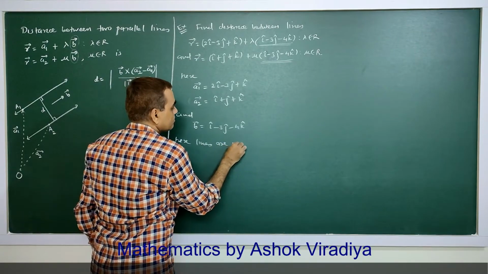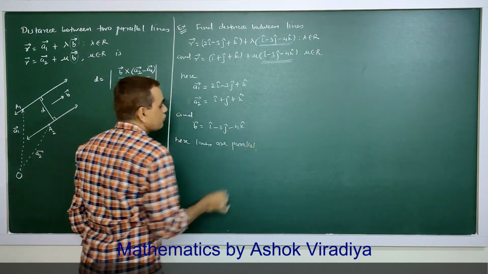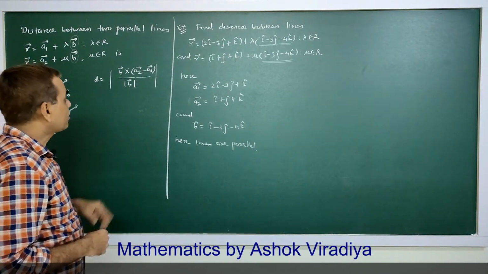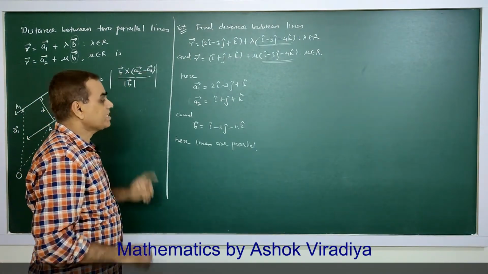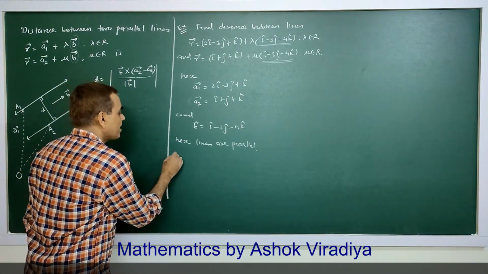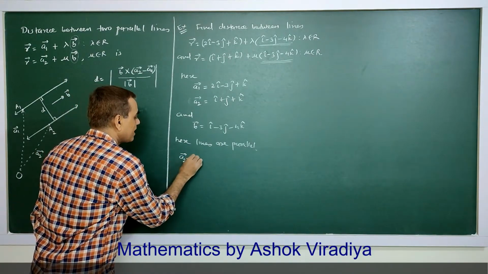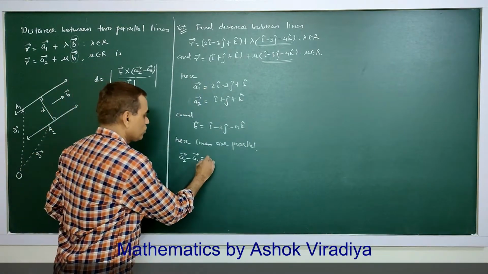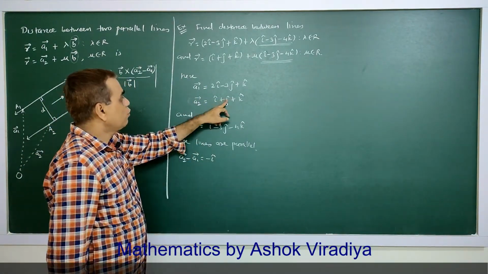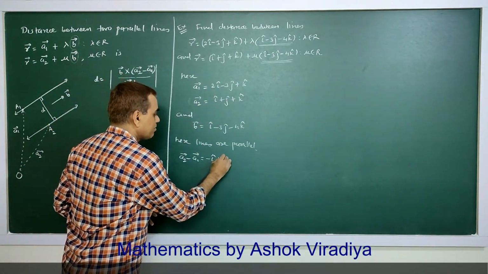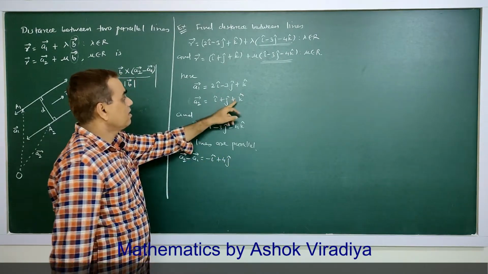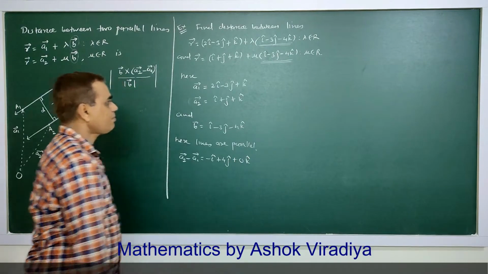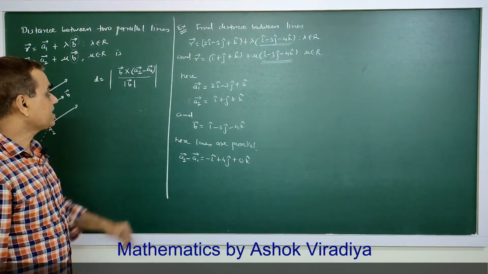So we are using this formula. Now we want the cross product of vector B with A2 minus A1, vector A2 minus vector A1. So 1 minus 2, that is minus i. 1 minus minus 3, that is plus 4 times j. 1 minus 1, that is 0 times k. So that is A2 minus A1.